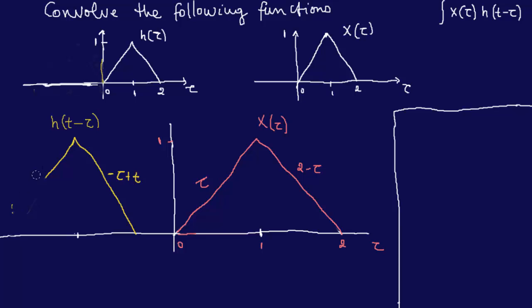Again, it's a 2 plus tau, those equations. I'll rewrite it anyway. So the first one is, there's no overlapping if you move it by t. So now we are over here.